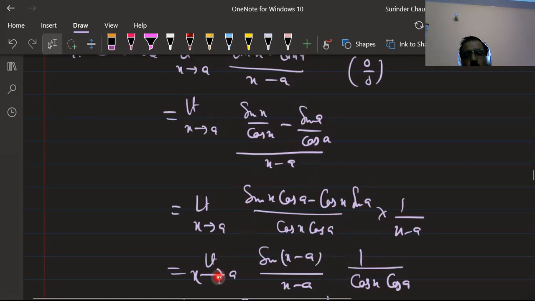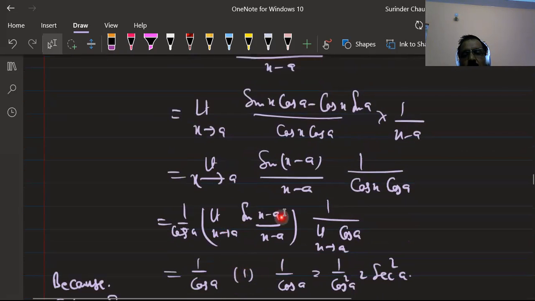Now the limit of sine of (x minus a) upon (x minus a) is equal to 1, and the limit of cos x cos a as x goes to a is cos a square. So the limit is equal to 1 upon cos a square.